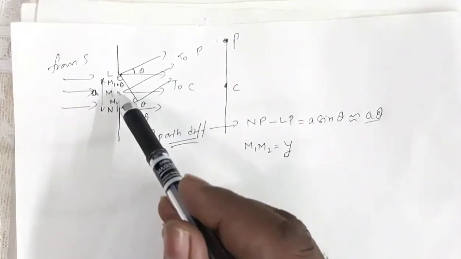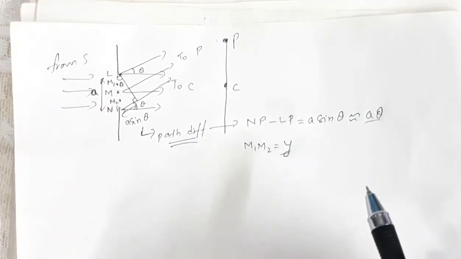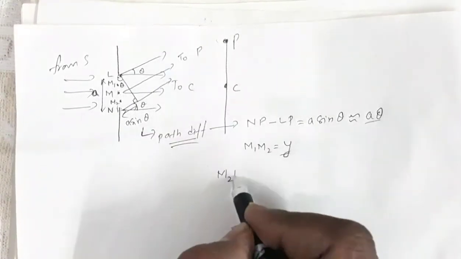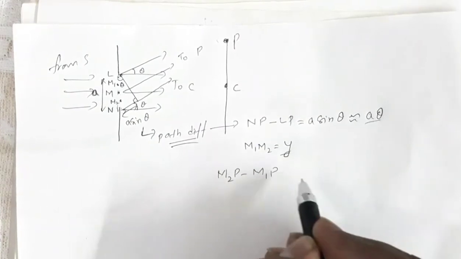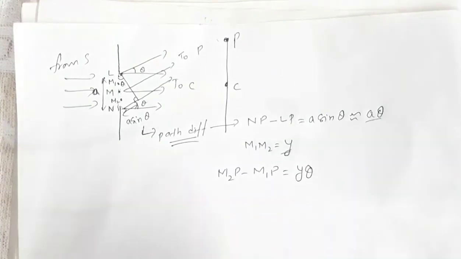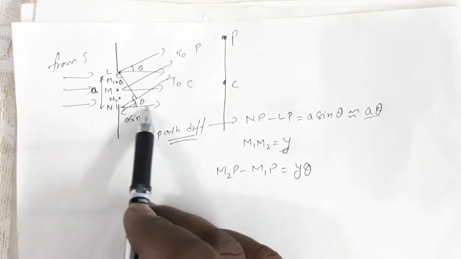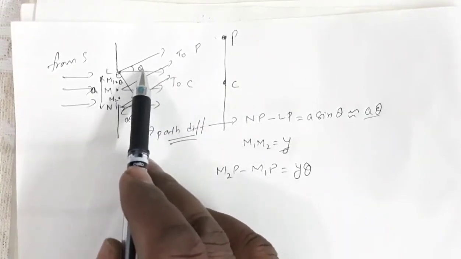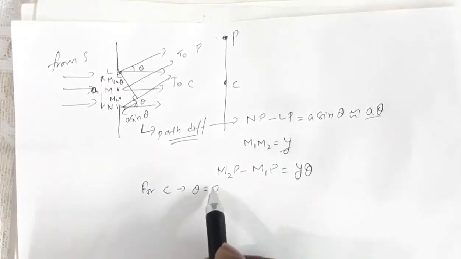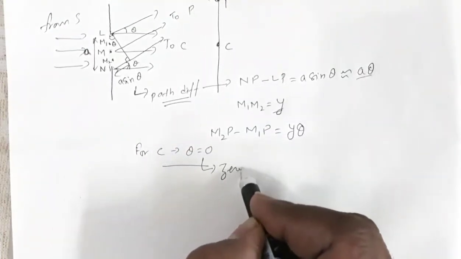So for points M1 and M2 which are separated by distance y, what will be the path difference? It will be y theta. So M2P minus M1P, the path difference, is equal to y theta. Now for light rays coming towards C, theta will be 0. So for C, theta is equal to 0, which means there is no path difference, zero path difference.